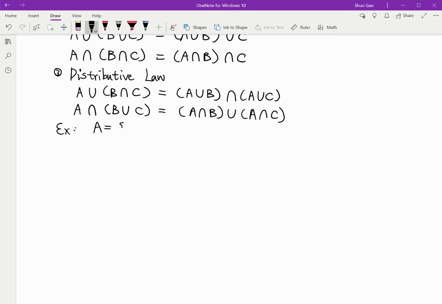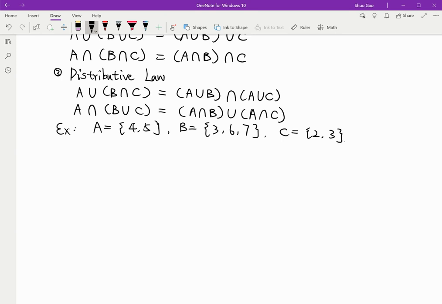If A is 4, 5, and B is 3, 6, 7, and C is 2, 3, right?